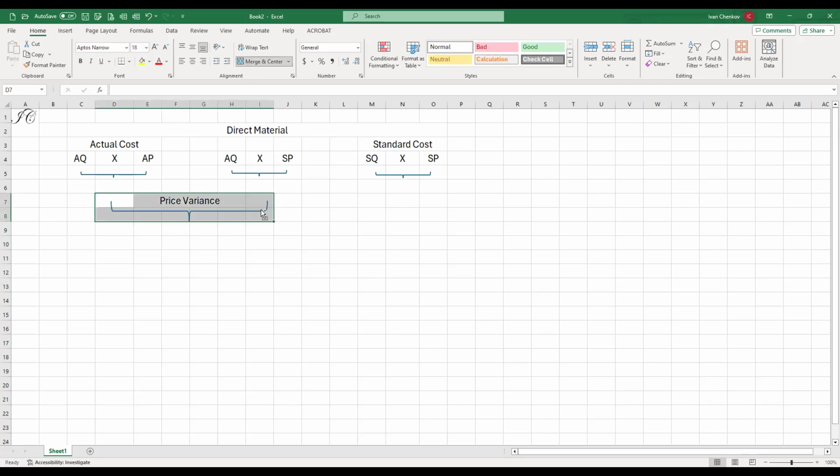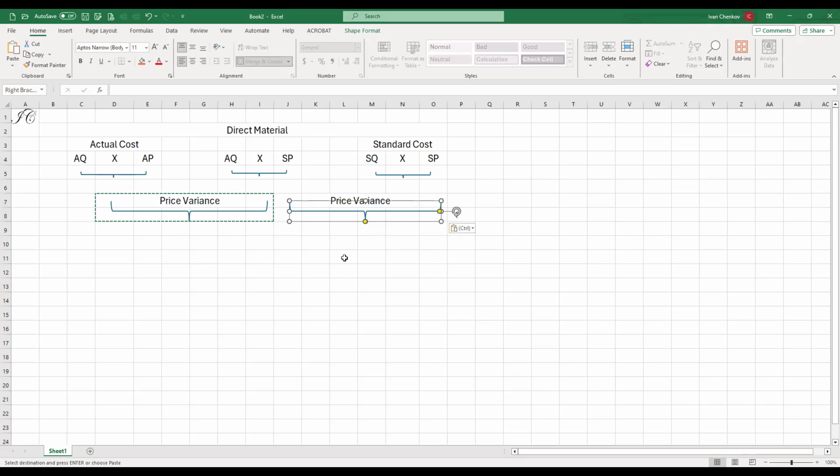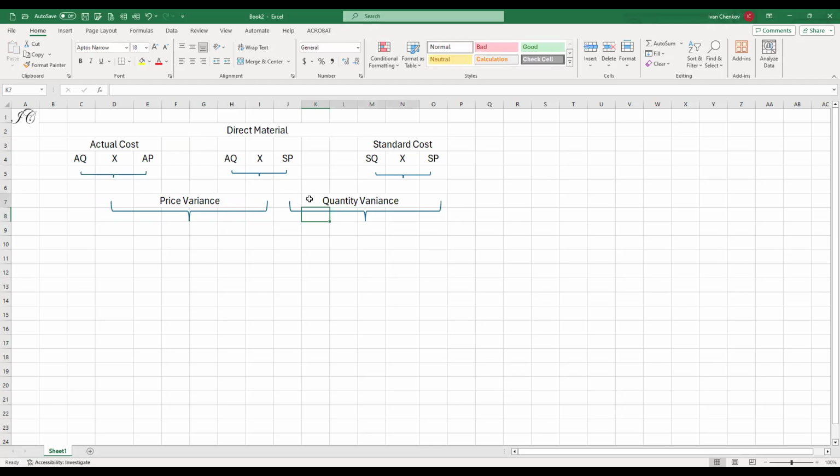And this one will be my quantity variance, since I'm doing this for the direct material. Make sense? Yes.